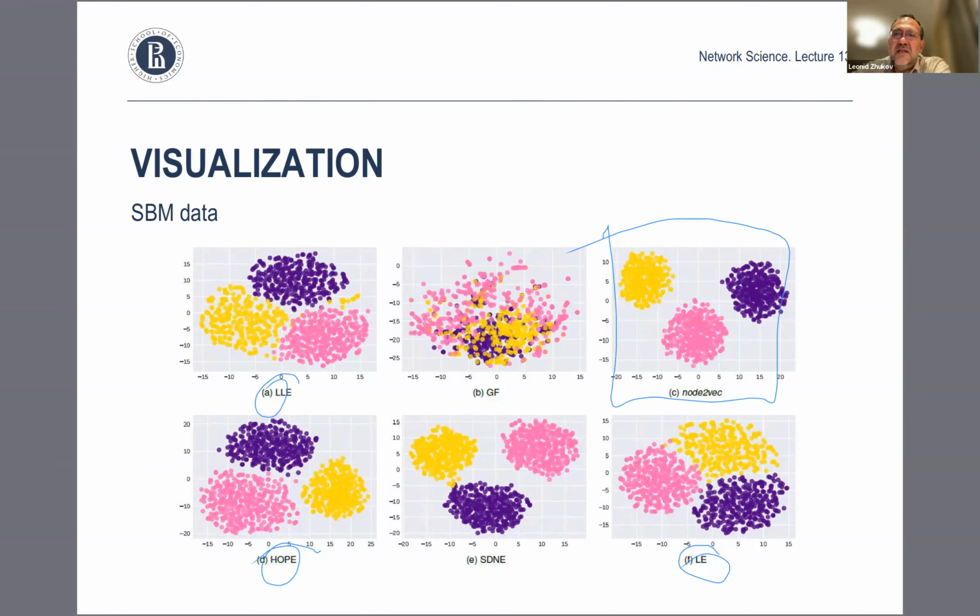SDNE did not bad, but graph factorization, which actually performed pretty well on the task of reconstructing the graph, performed terribly when it came to recovering communities within the graph.